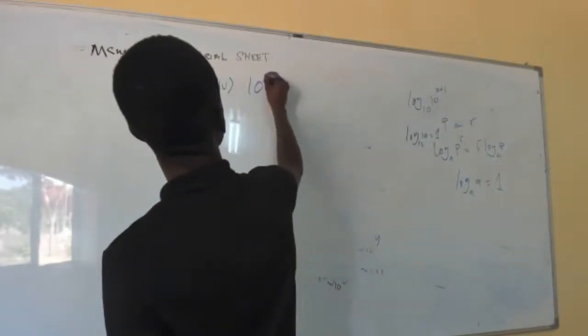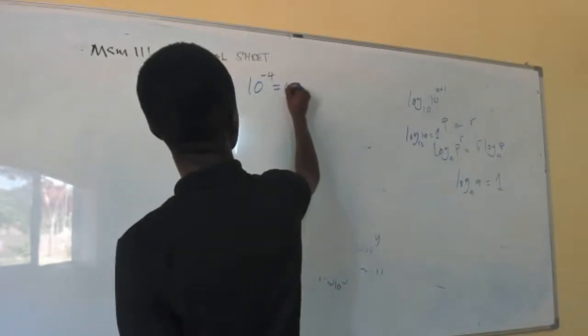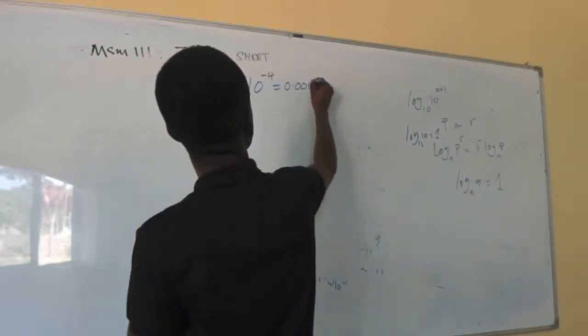We have 10 to the power negative 4 equal to 0.0001.